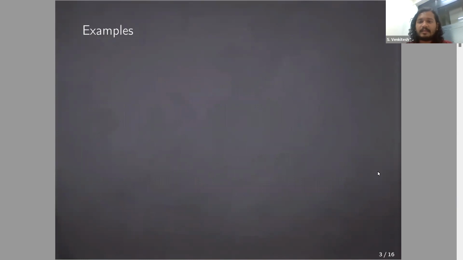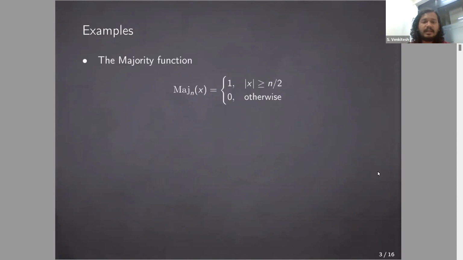Let's look at some quick examples, and these are sort of important examples. They'll pop up again and again during the course of this talk. So let's start with the majority function. So majority, as the name denotes, for any Boolean input, the output is 1 if the Hamming weight is at least n/2, right? So you have n length Boolean inputs.